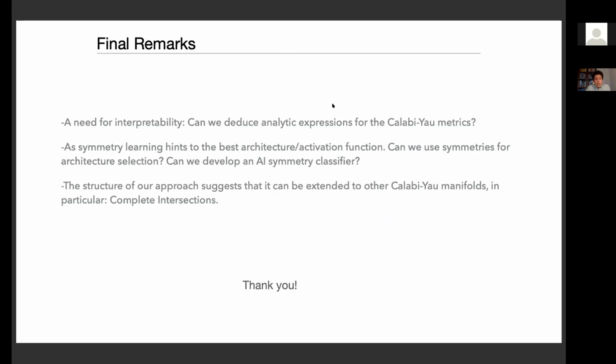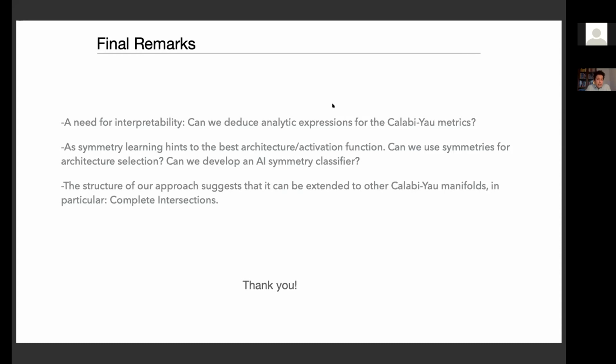But of course, even if we improve on the errors, there remains a question of interpretability. The question is if we can use these results to deduce analytic expressions, or get hints on what the analytic expressions for these Calabi-Yau metrics are.